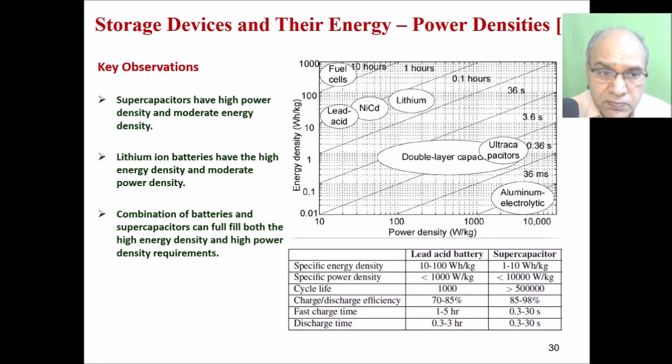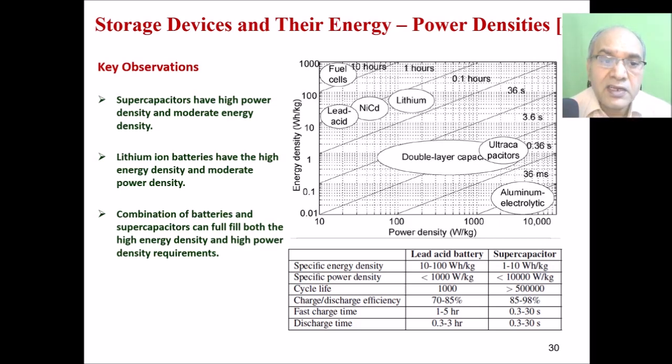Power is the rate of change of energy. Okay, P is equal to dE by dt. So density is common anyway, per volume or per mass. So it means that dE by dt is better in supercapacitors than batteries.